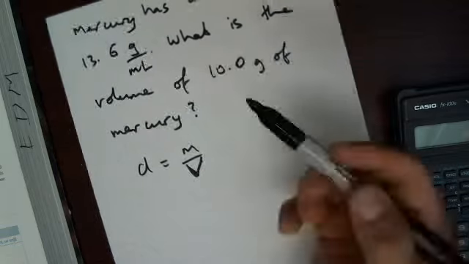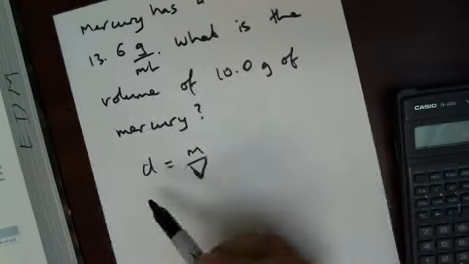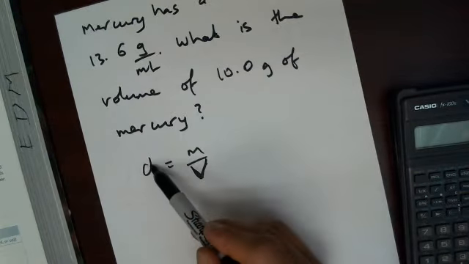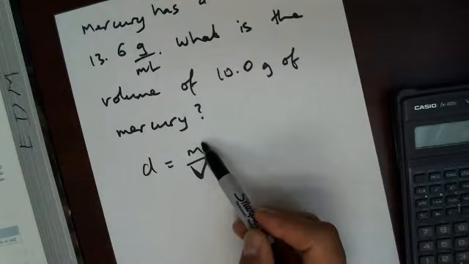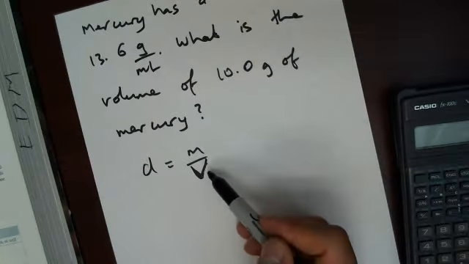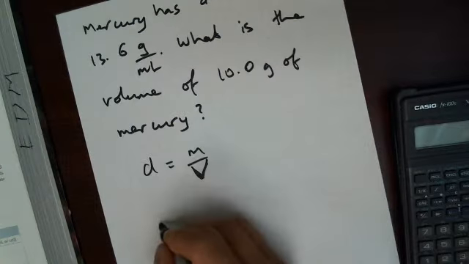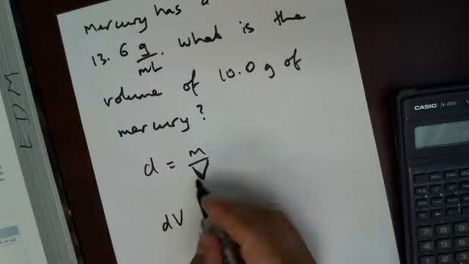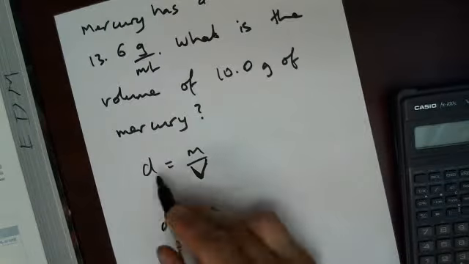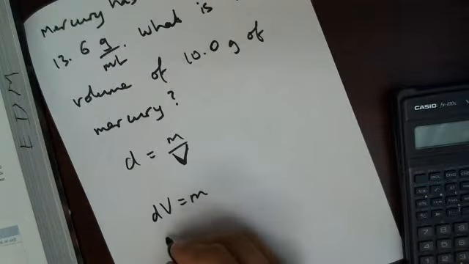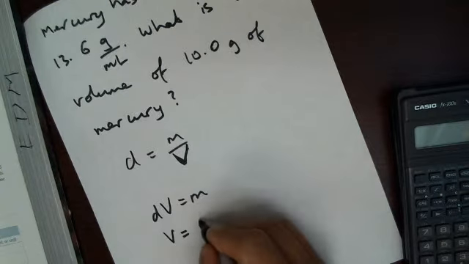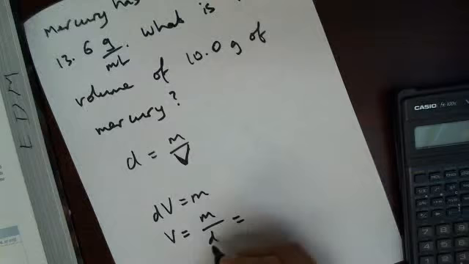Look at what you're given and at your basic formula. Are you given density? Yes. Are you given mass? Yes. What don't you know? You don't know the volume. So we have to rearrange this: dV equals m, multiplying both sides by V, and then dividing both sides by d, I'd have V equals m over d.